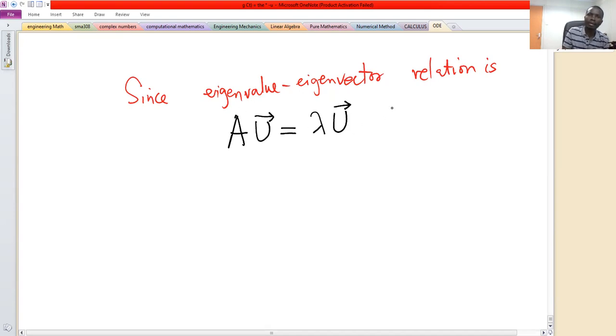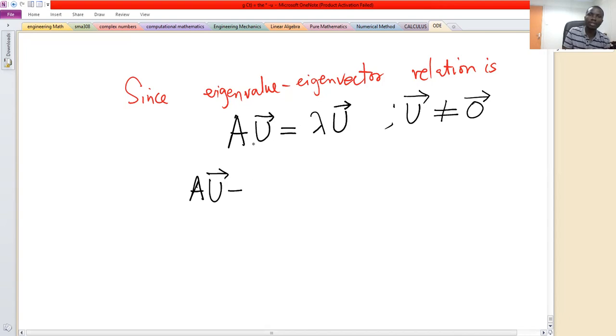And then remember, u is a non-zero vector. That's by definition. Now, taking this to the left-hand side, we'll have A u minus lambda u.